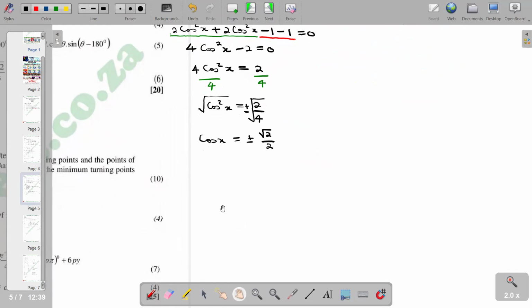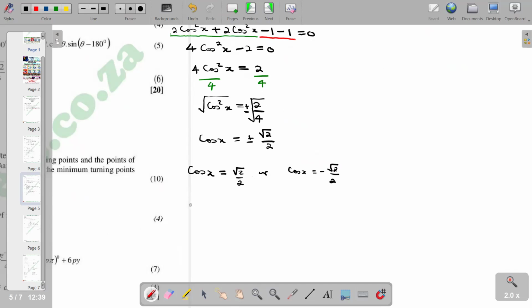So the two solutions that we are talking about, we are having either cos x is equal to positive root 2 over 2, or cos x is equal to negative root 2 over 2.